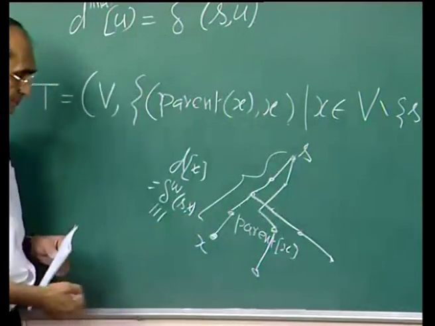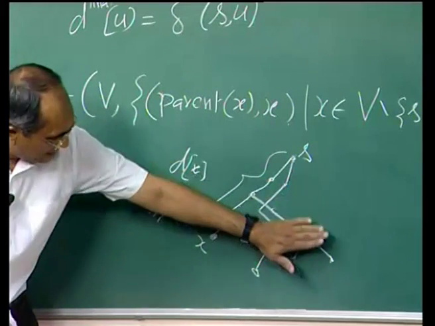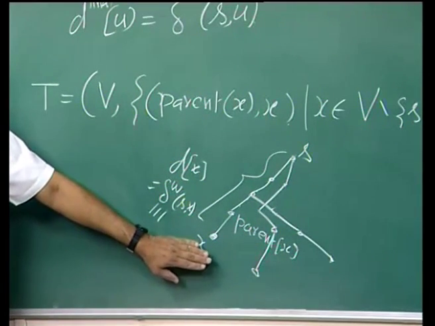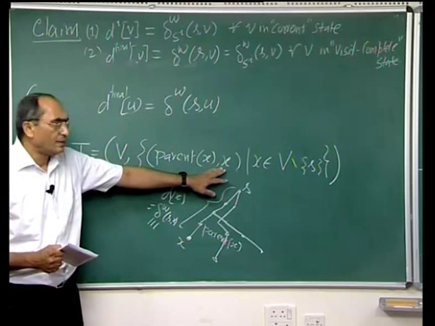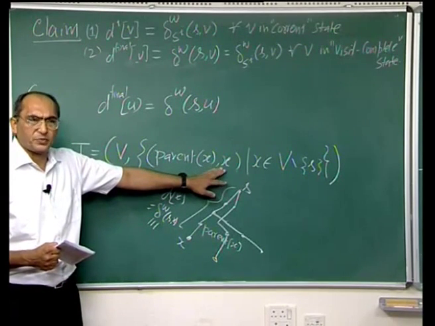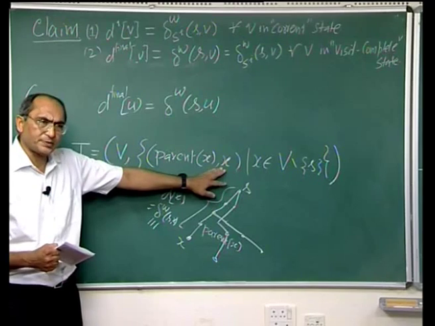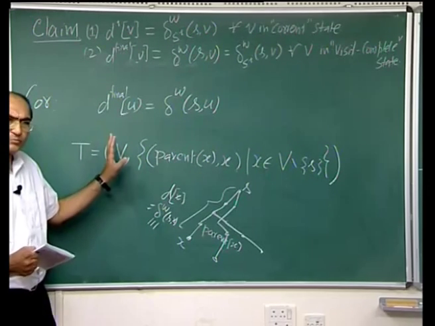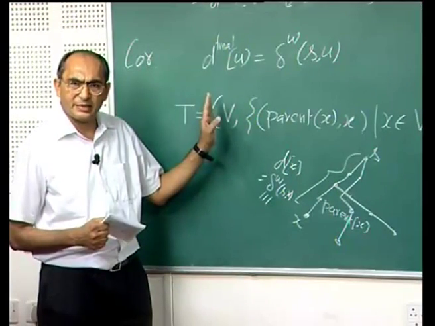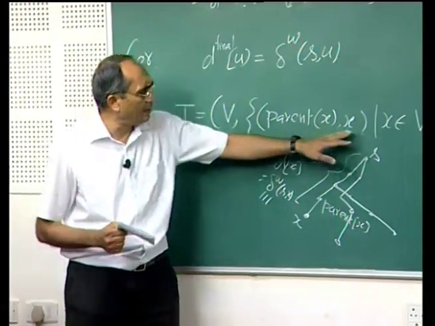So, what happens is that this will be a tree, because there are only n minus 1 edges if everything is connected. If you ignore those unreachable vertices, say there are n reachable vertices, there are n minus 1 such edges.